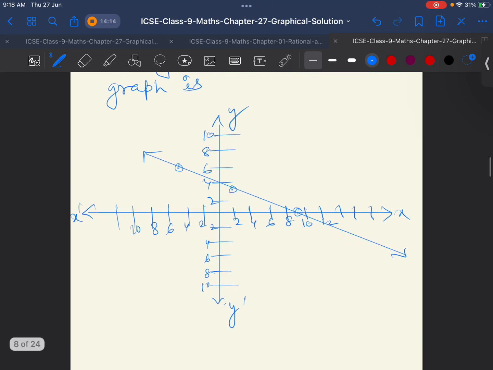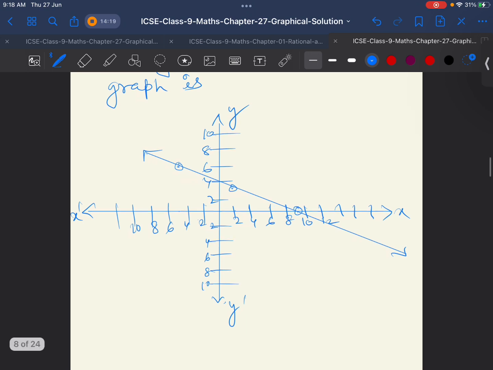And for the other line, the point (0, 8) is here, and (2, 3) is here, and (4, minus 2) is here. So now we draw the line. Okay, this is the line, and this is the point of intersection. So the point of intersection is here, (2, 3).